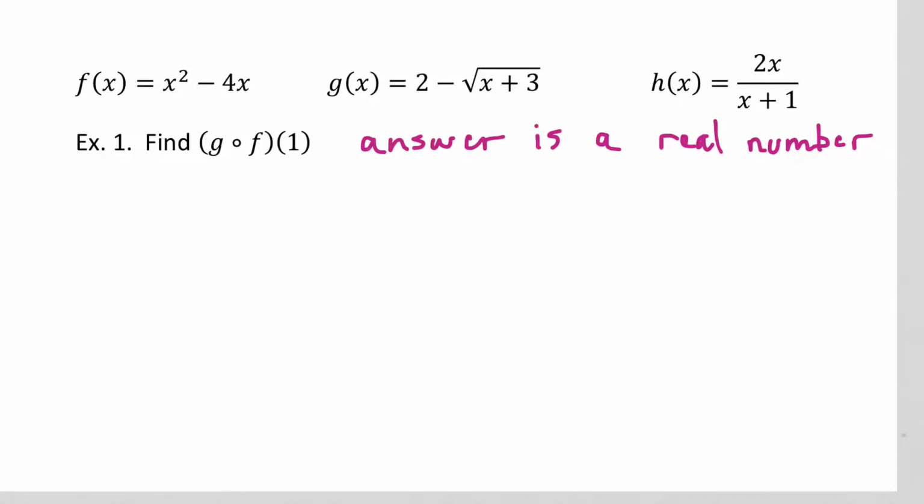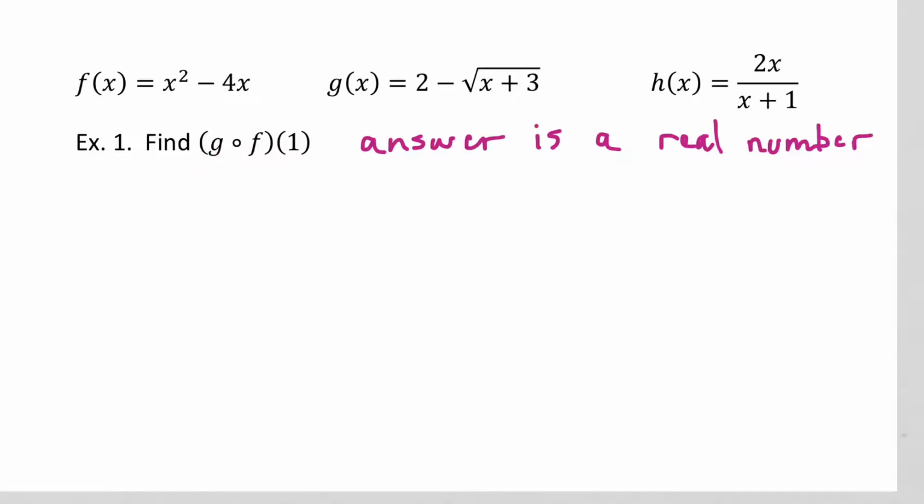So we're given three functions here, f of x, g of x, and h of x. And in the series of examples that follow, we're going to use those three functions to do some composition. So this first example says here, compose g with f.